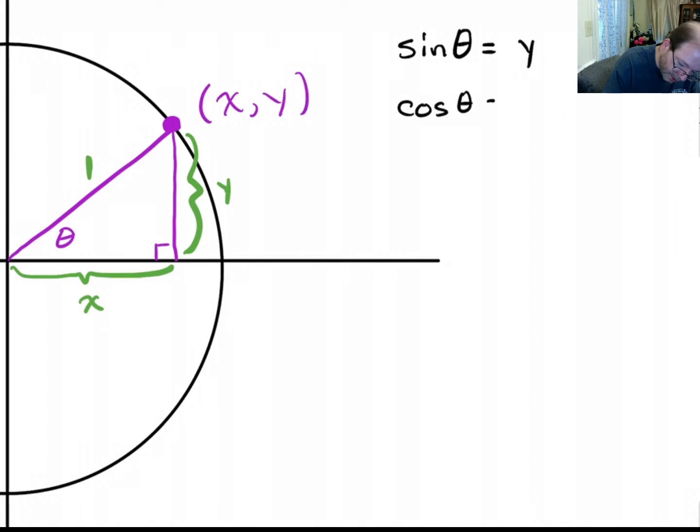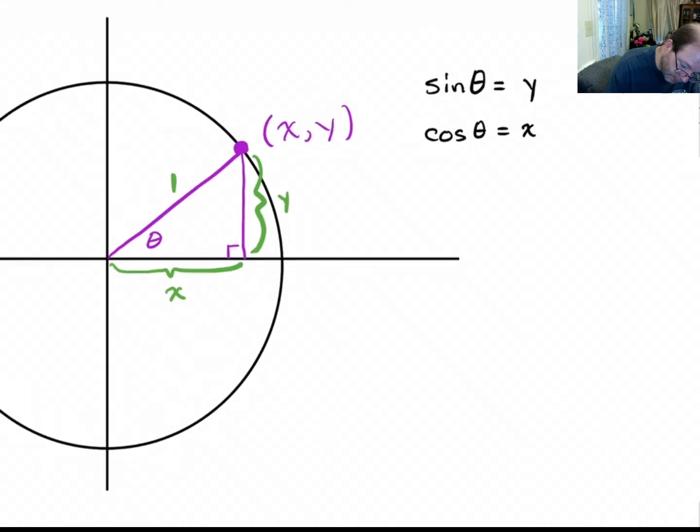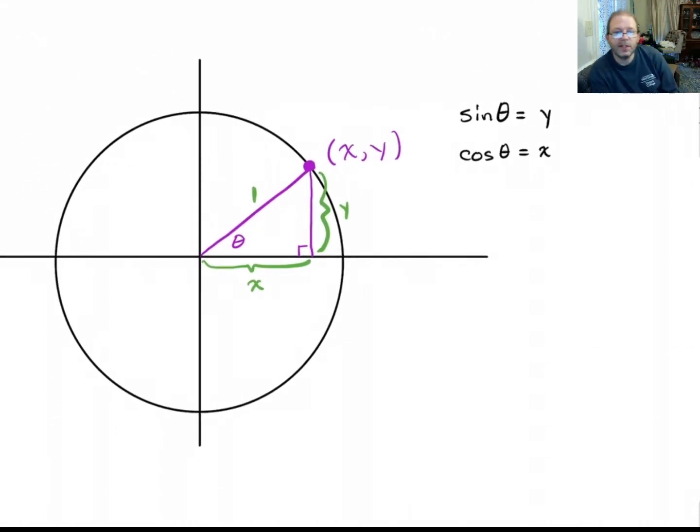And cosine theta, cosine is adjacent over hypotenuse. So the cosine is just x. And so that's how the angle there is related to the x and y coordinates of the points on the unit circle. Any point you pick on the unit circle, the x coordinate is going to be cosine theta and the y coordinate is going to be sine theta.